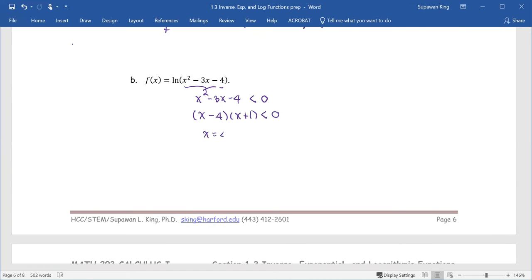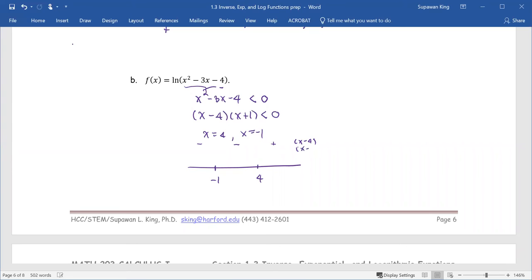The product will be 0 at x equals 4 and x equals negative 1. Draw the real number line at negative 1 and 4 and analyze the plus and minus signs for each interval. For x minus 4, the right interval will return a plus sign for that factor, and a minus sign for the middle, and a minus sign for the left side of the interval.